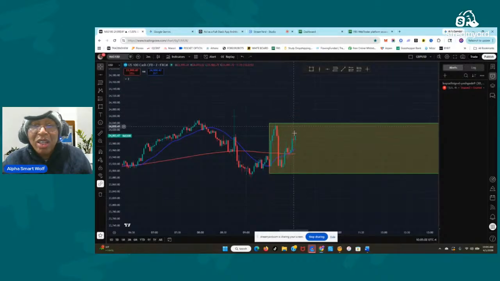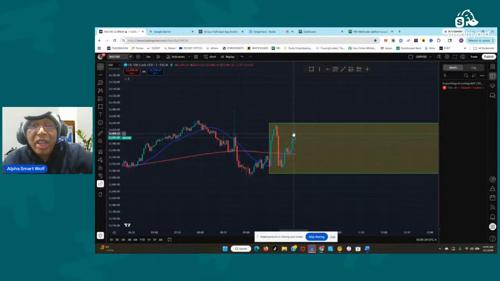However, you can see the 20 is pointing up, the 200 is flat, facing down. Now that may bring conflict, and that's why we have this kind of move here. Okay, let's see if we're gonna clear this. If it clears that, it may go further for breakouts.